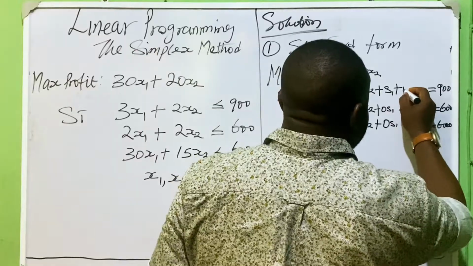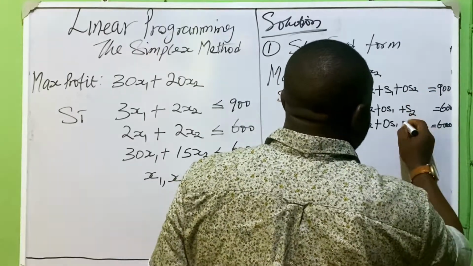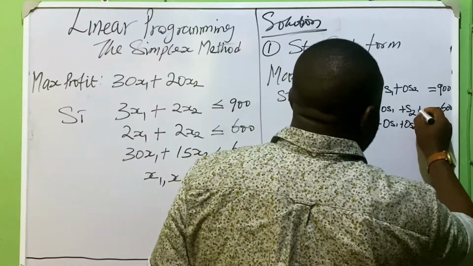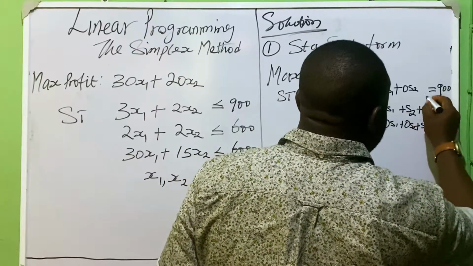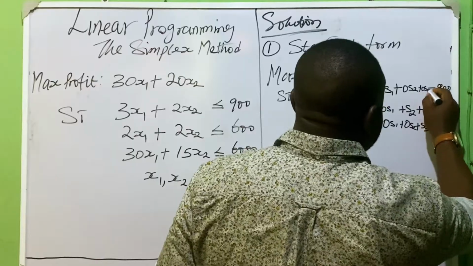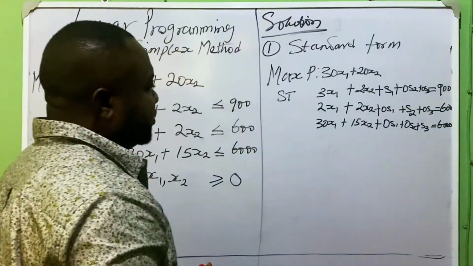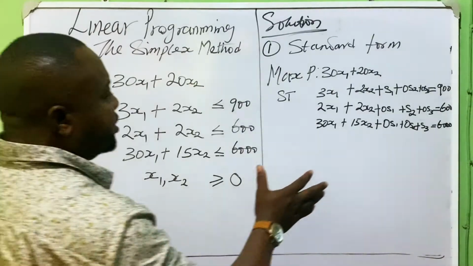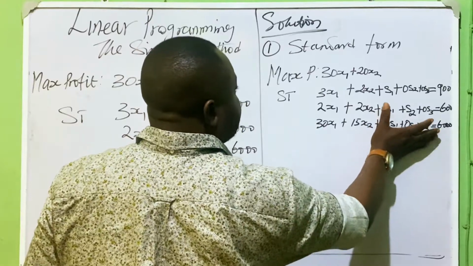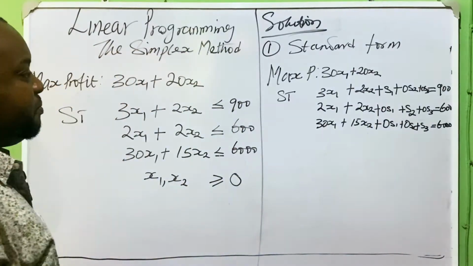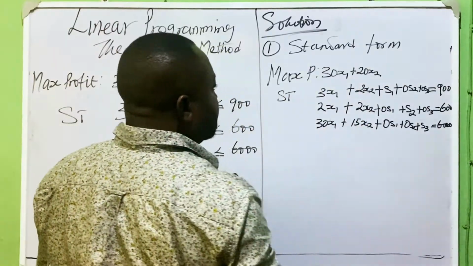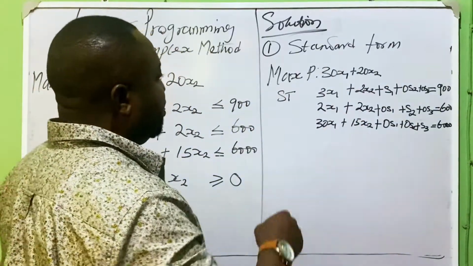Plus 0S2, plus 0S2, then plus 0S3, plus 0S3, such that the program will be able to run. Now, all the artificial variables that you have introduced must, by rule, be represented in the objective function, with their coefficients, of course.